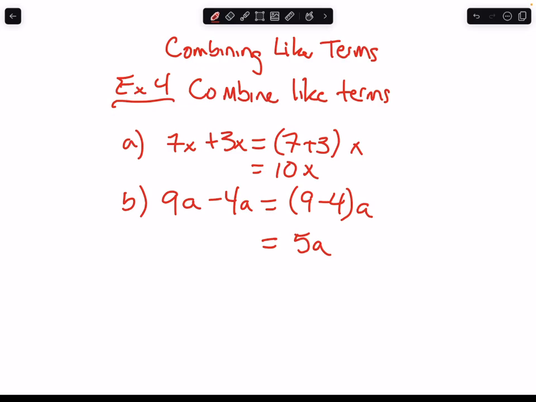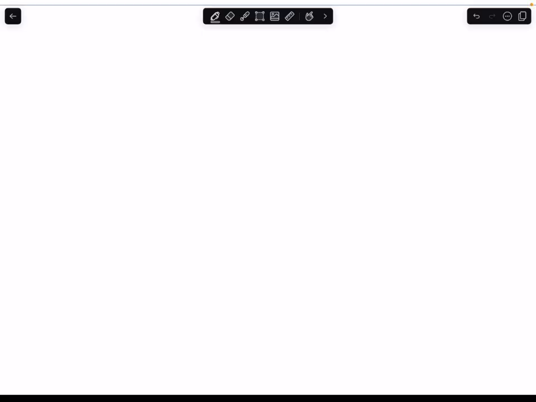Now that we've talked about commutative, associative, distributive properties, and combining like terms, let's talk about using all of those things to simplify algebraic expressions and the steps for doing so. Simplifying algebraic expressions.